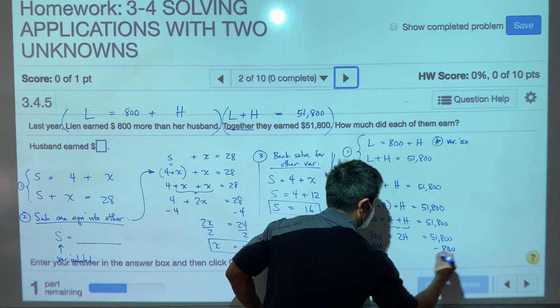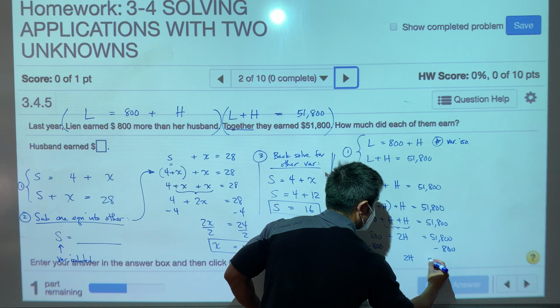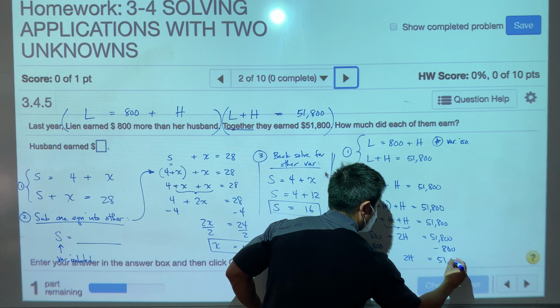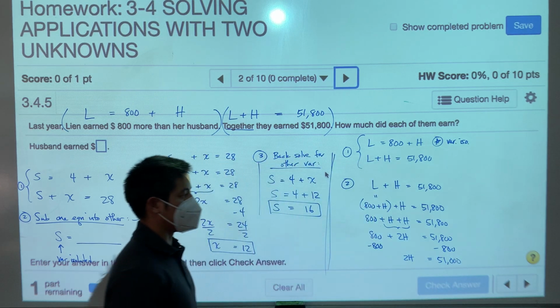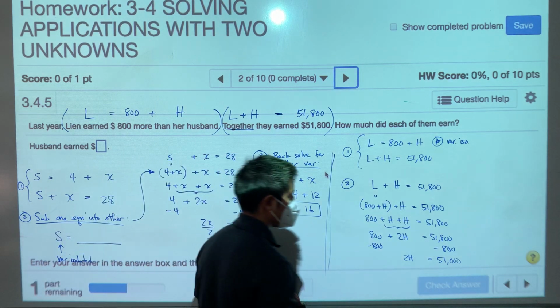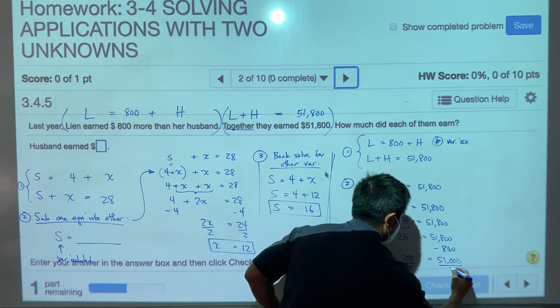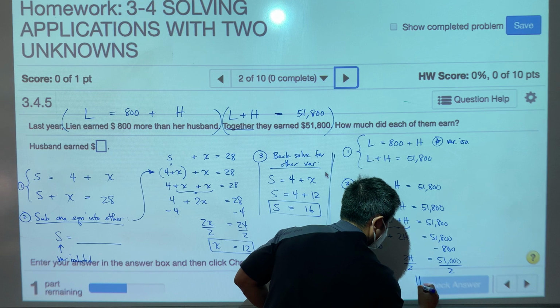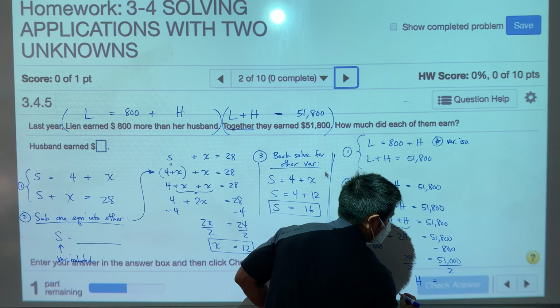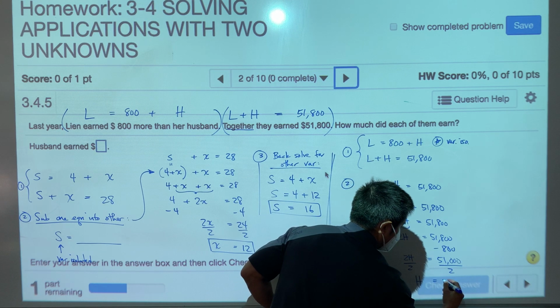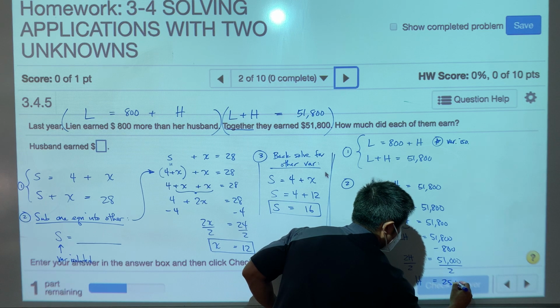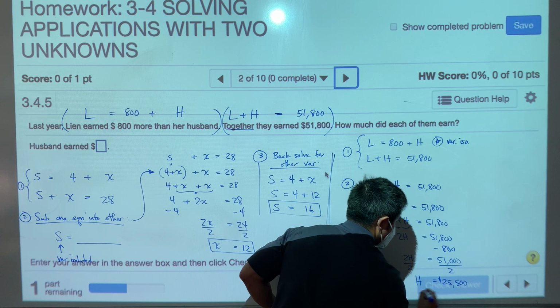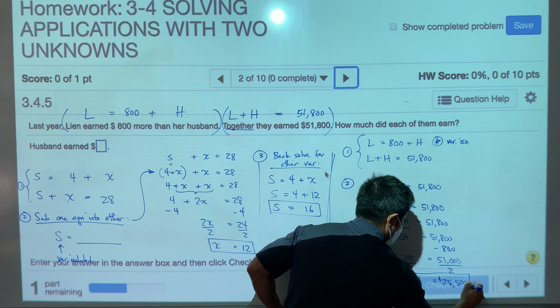I'm doing this quickly because we've practiced this, and that leaves me with just 51,000 when 800 is taken from 51,800. Then divide both sides by 2. And so the husband's salary is going to be what? $25,500. Okay, that's important.